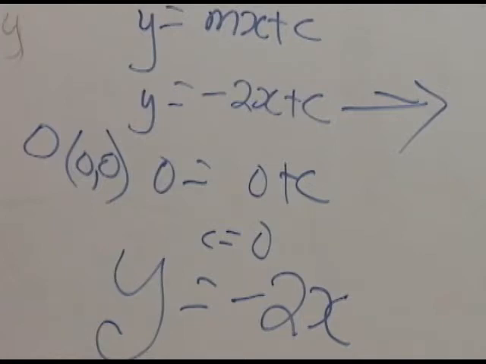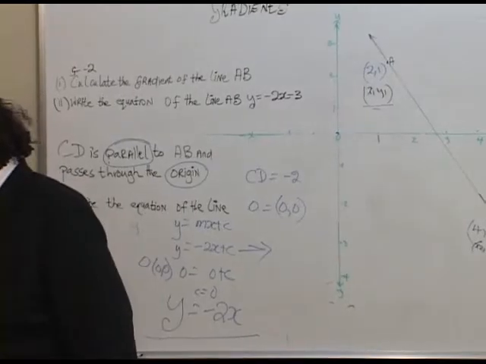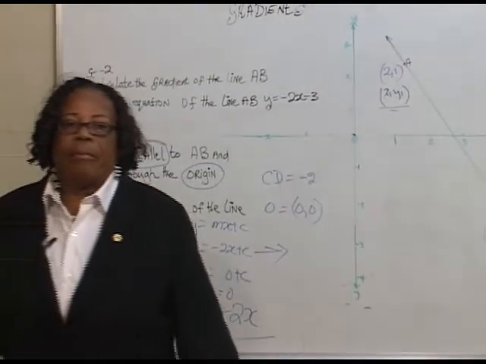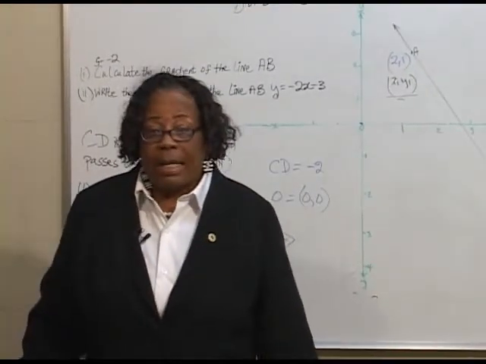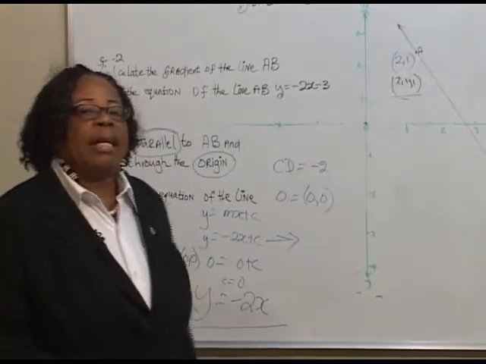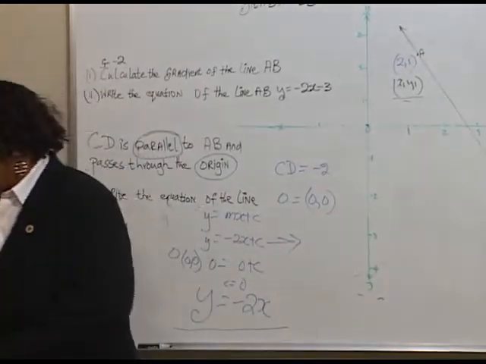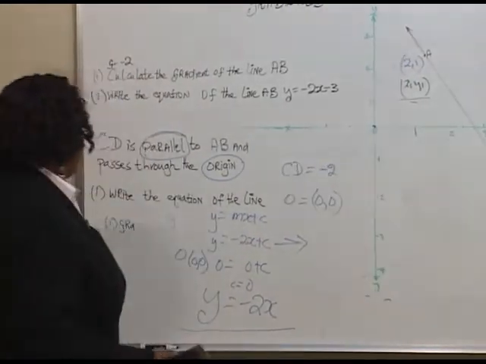Then we also have another part. And what is it saying? It says we must find the gradient of a line that is perpendicular to CD. So they have asked us to find the gradient of a line which is perpendicular to CD.